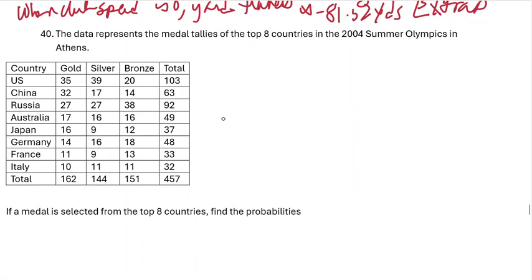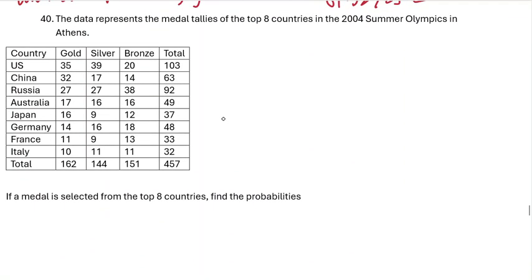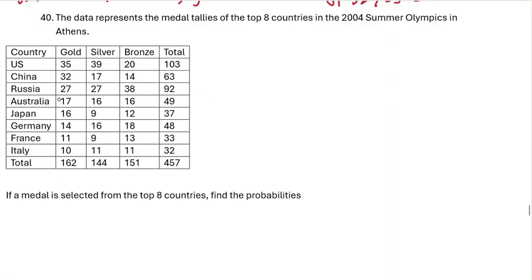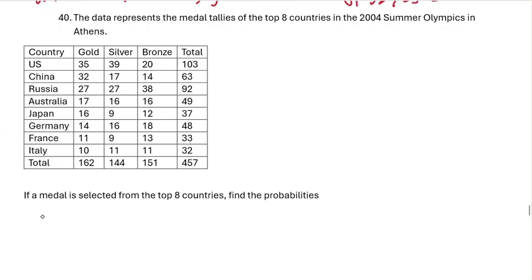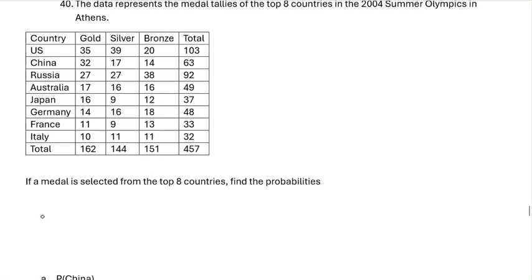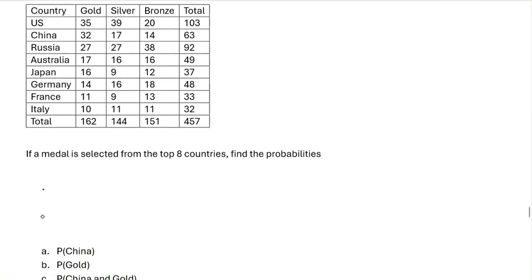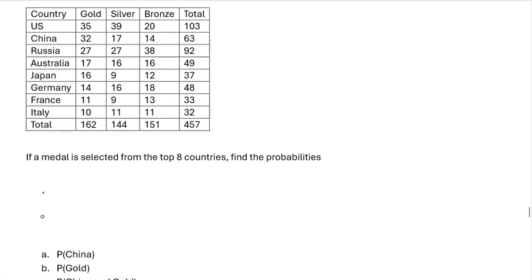Okay, so now we have this table with medals from the 2004 Olympics. And the question is, if a medal is selected from the top 8 countries, find the probability. So we're finding the probability that it's from China. So China's total is 63 over 457.